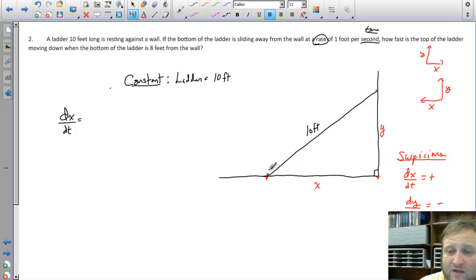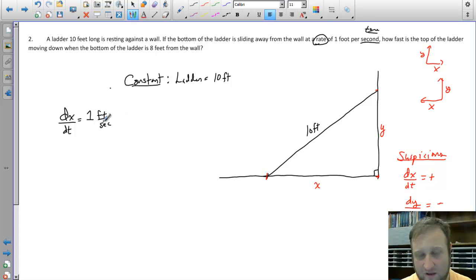And since it's moving this way, I expect that to be positive based on the way I label my axes, and that will be a value of 1 foot per second. And often you can see ft per s. S is a convention that's used to label seconds as well, so that's an okay convention to use.